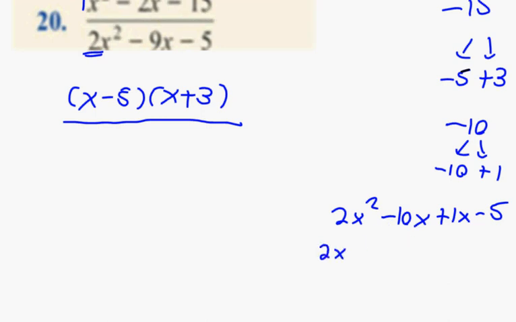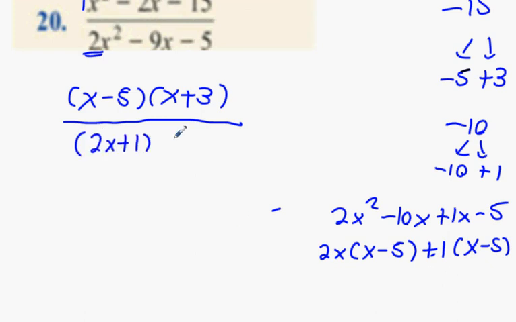Into? Plus 1 into? Okay, then after that, 2x plus 1 and x minus 5.